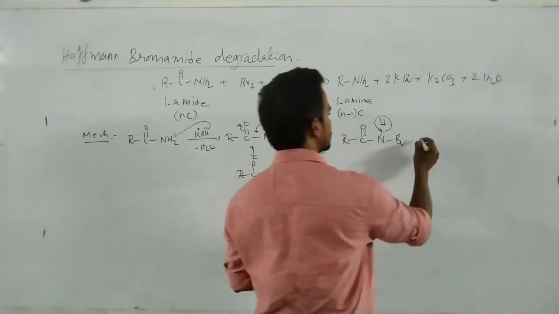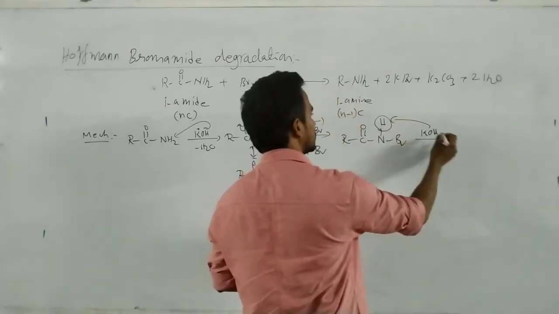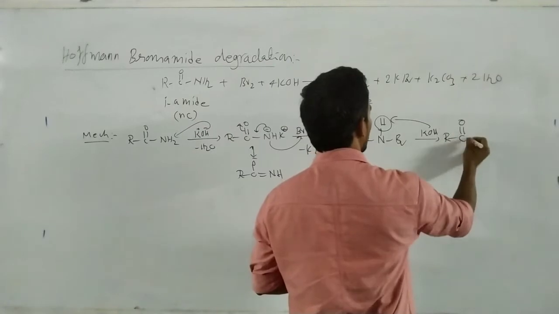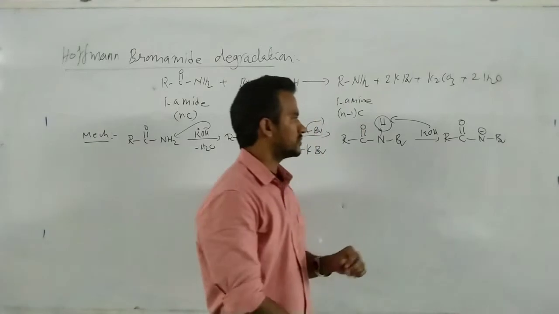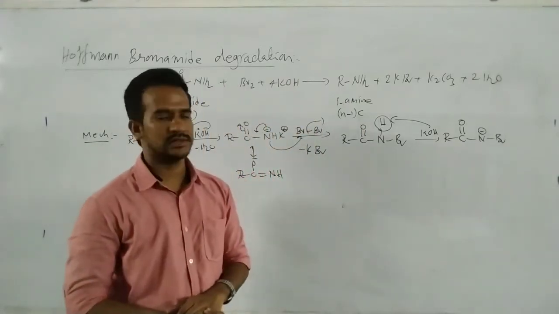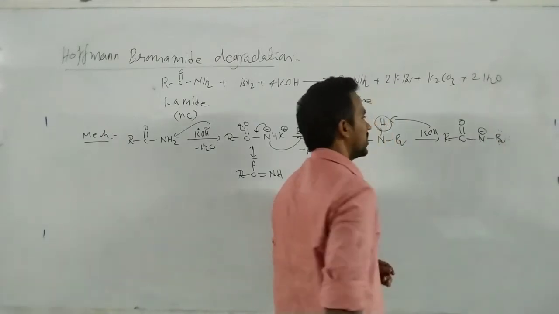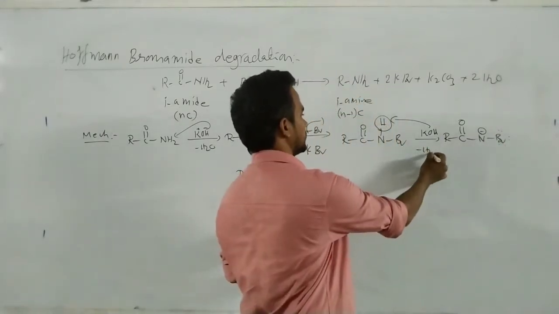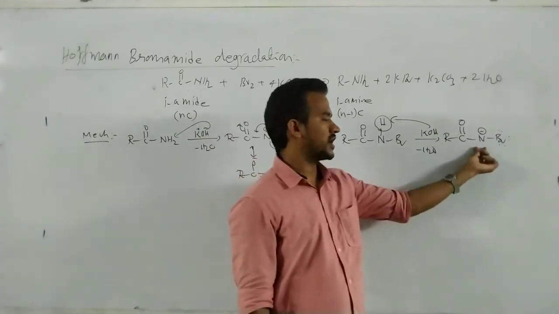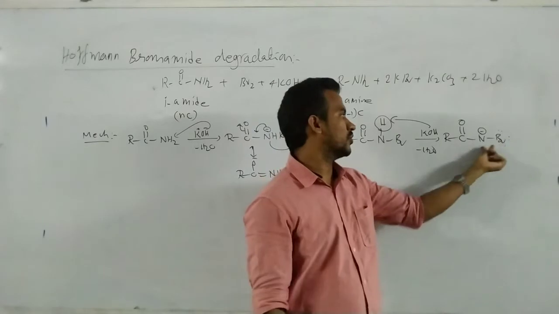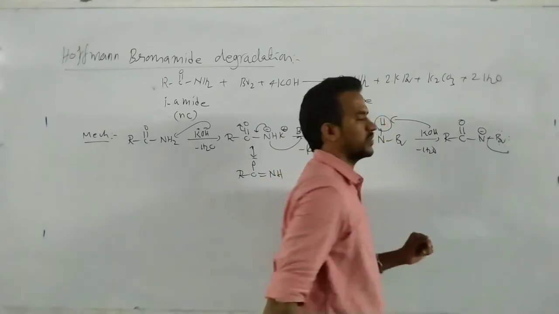So this one again is involved in an acid base reaction, giving RC double bond O N minus Br, with loss of H2O. Bromine has non-bonding electrons, and nitrogen has non-bonding electrons with a negative charge, so more repulsion takes place. In this case, leaving of Br minus takes place.